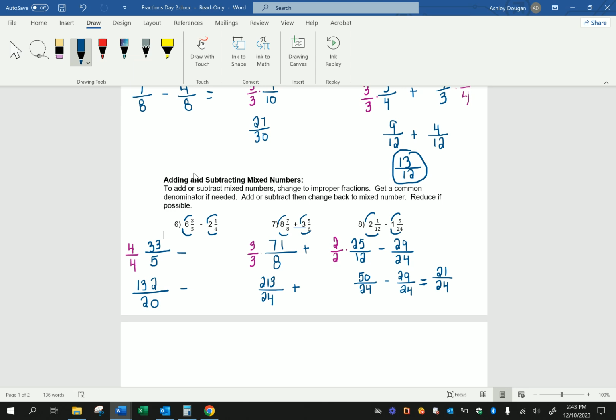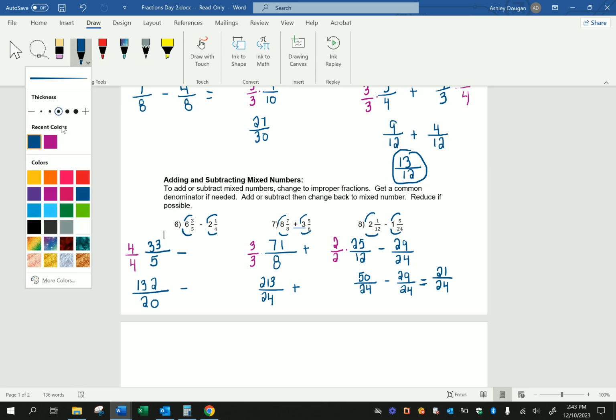I just have to reduce. Occasionally, that may happen when you add or subtract, and this is a proper fraction. It's not an improper fraction. So I cannot change it to a mixed number. I have to leave it in this form. However, it can be simplified. I can reduce this fraction by 3.